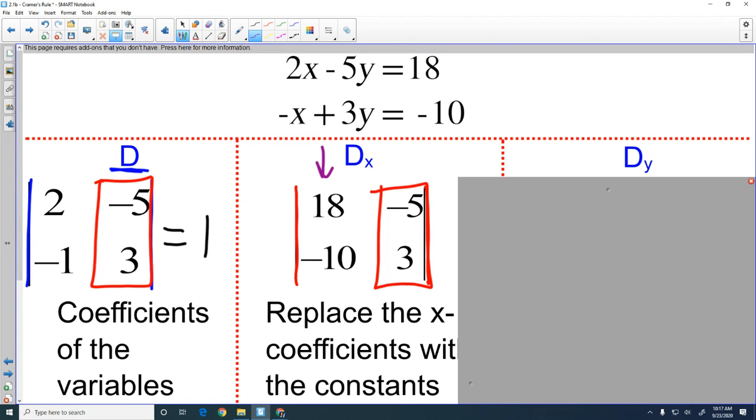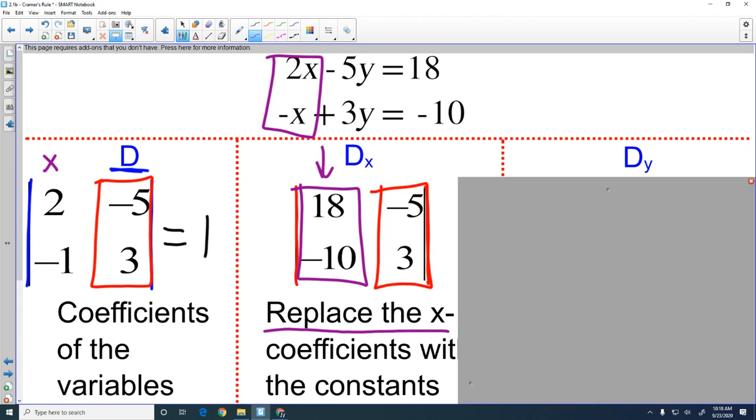Now, if you look back at our original coefficient determinant, that first column represented the x coefficients, the 2 and the -1, right? That came from these two terms in our original equation. And so to create the x determinant, we're going to replace the x coefficients with these two numbers, this 18 and -10. Where did these crazy numbers come from?